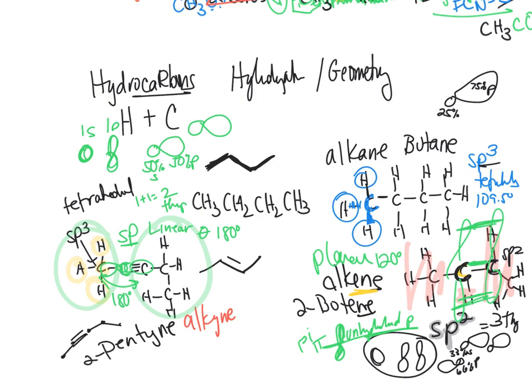What is left over then are 2 unhybridized p orbitals. And that's what you have to have for an alkyne, because you have 2 pi bonds. So you have one of those unhybridized p orbitals above and below the plane, and then you have another one, and this is going to come horizontal. So you've got above and below the plane for those pi electrons.